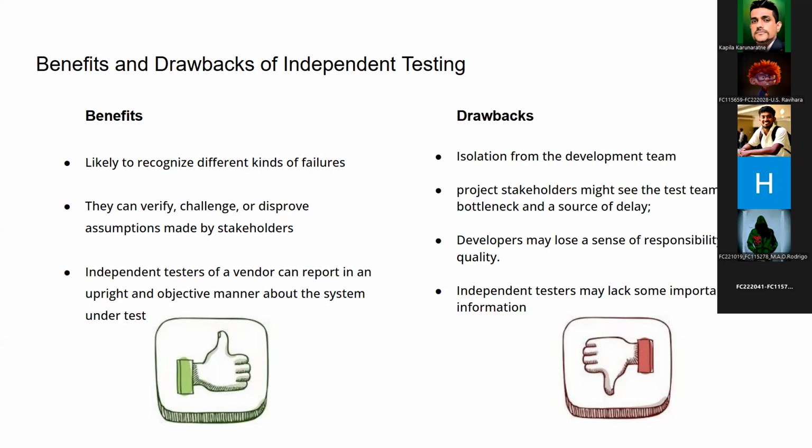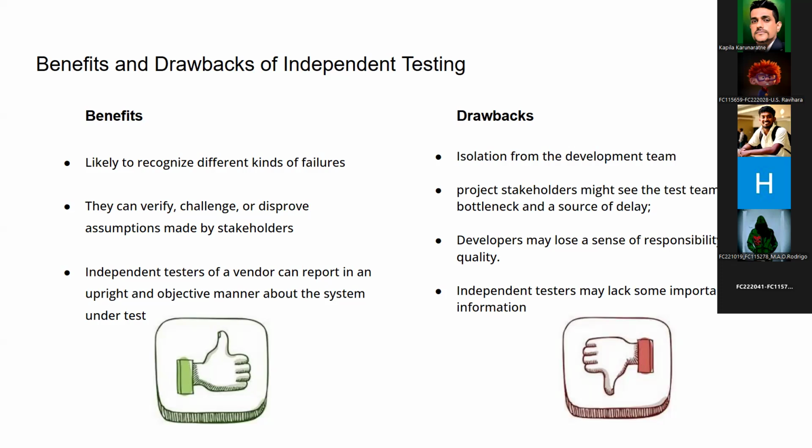But at the same time, there are drawbacks, right? If you think about the positive side, there will be a negative side as well. One key negative is that they are isolated from the development team most of the time. So there will be a lot of isolation, and sometimes because of that, team collaboration might fail if somebody goes too far with independence. Collaboration is also required, especially with Agile.